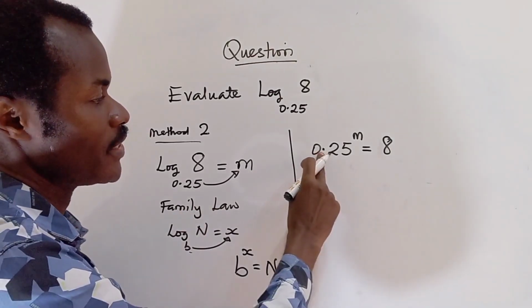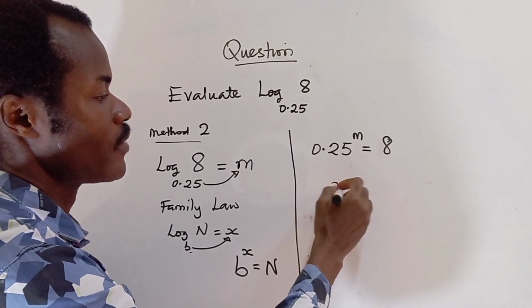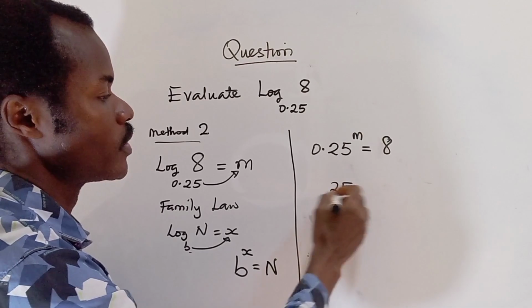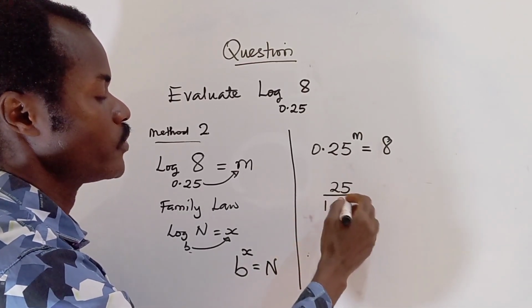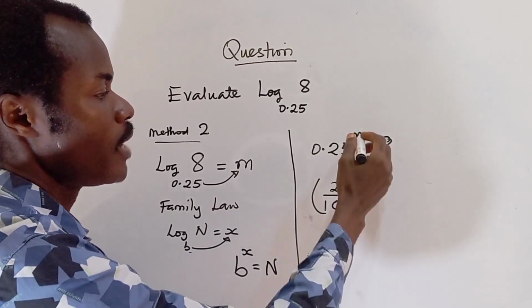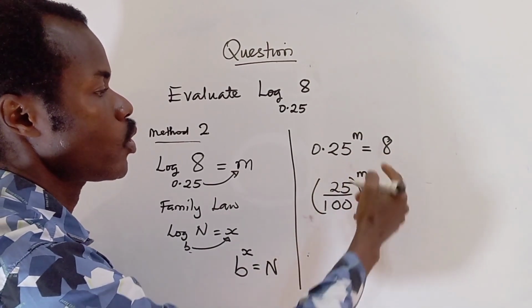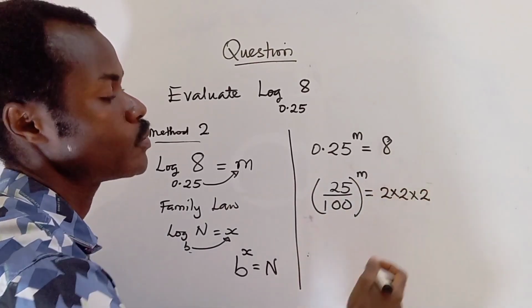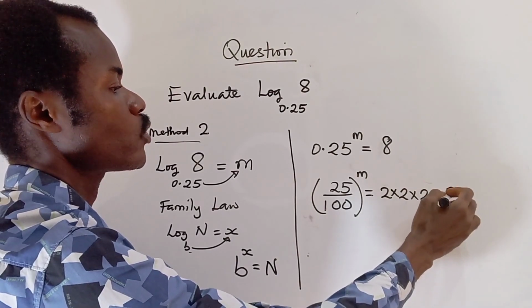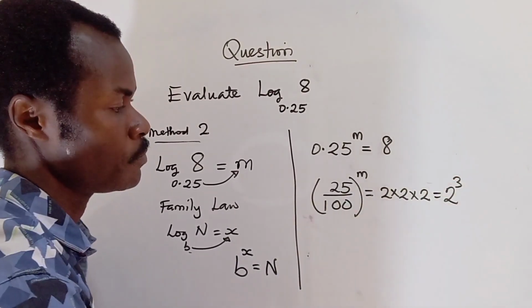Now remember my 0.25, you can write it in fraction as 25 divided by 100. These two zeros can be cancelled, so to the power of m, which is equal to our 8, which means 2 times 2 times 2, which we can also write as 2 raised to the power of 3.